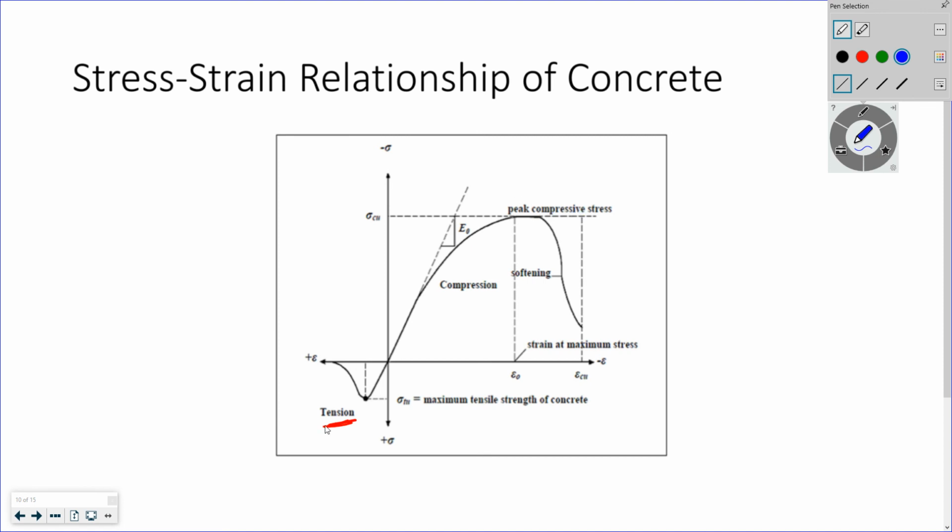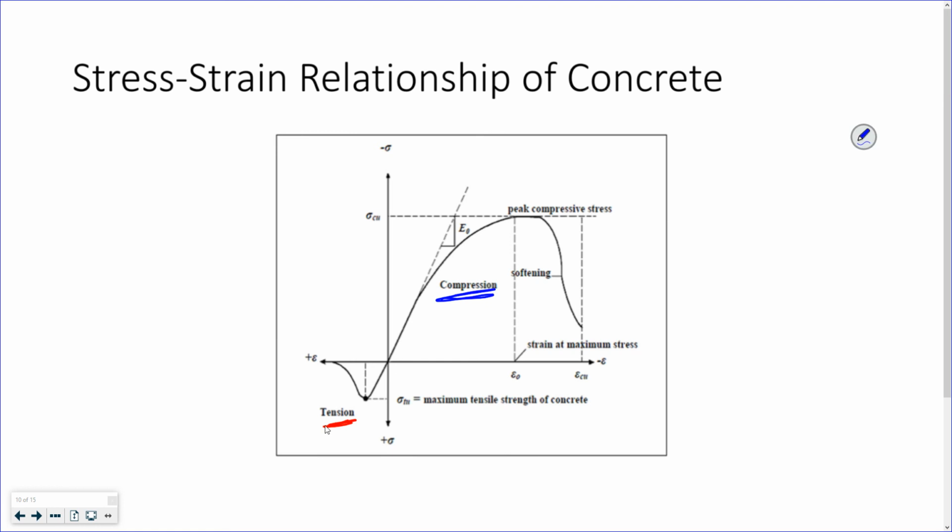So pretty easy to see. You wouldn't want to rely on your concrete by itself for any tensile strength. Concrete is typically used when it's in compression.